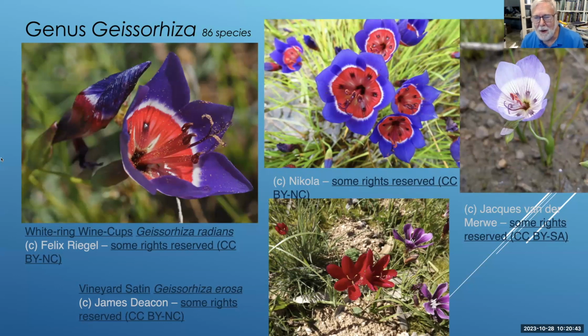And if you think about the crocus, can you ever remember a red crocus? I can't. There's only blue and yellow and white and different combinations, maybe pinkish. But Geissorhiza and Romulea have some really red flowered plants. Next slide.